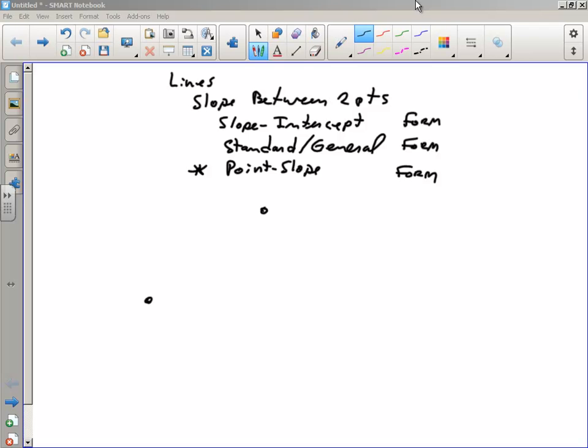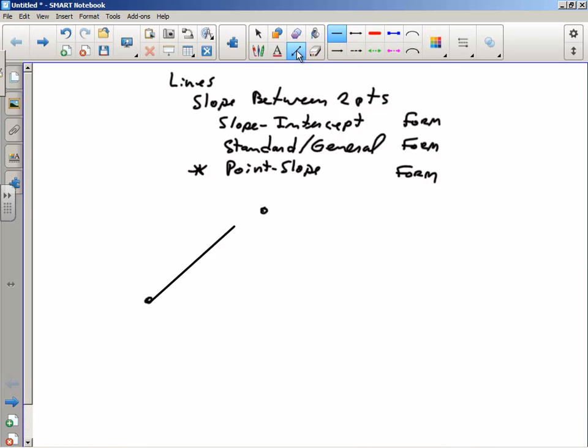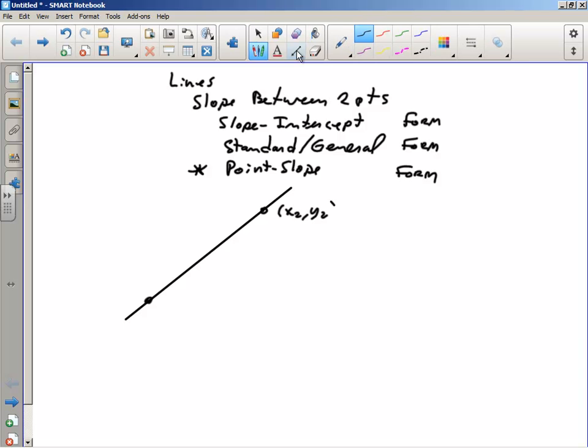So what's the slope of a line between 2 points? And let's give them names. What's the phrase?